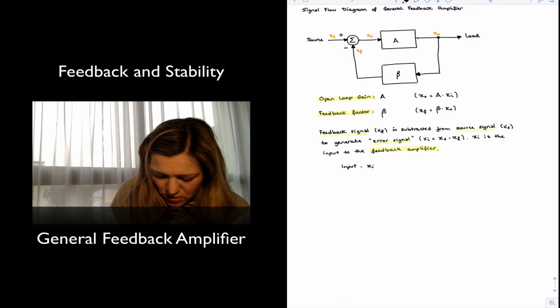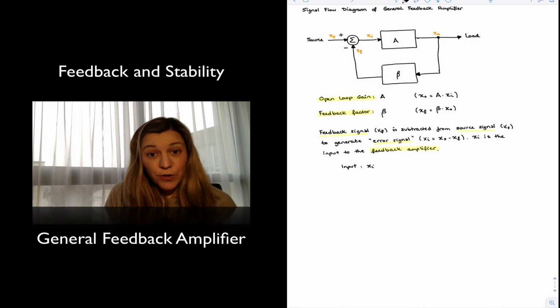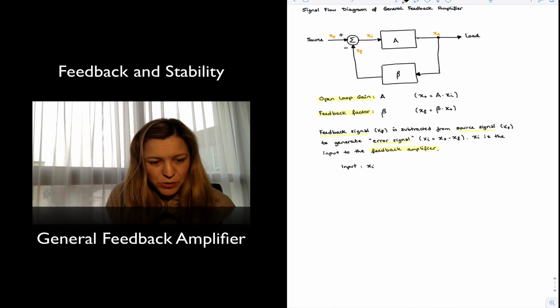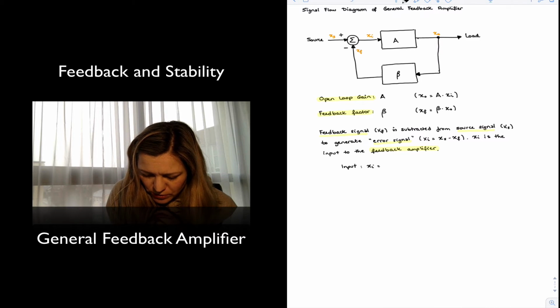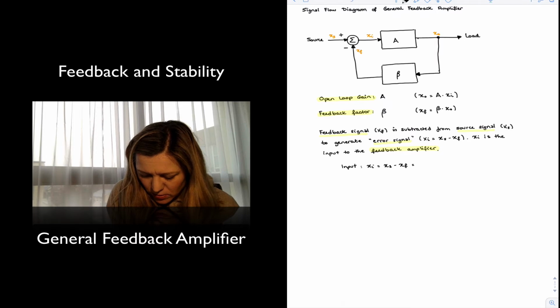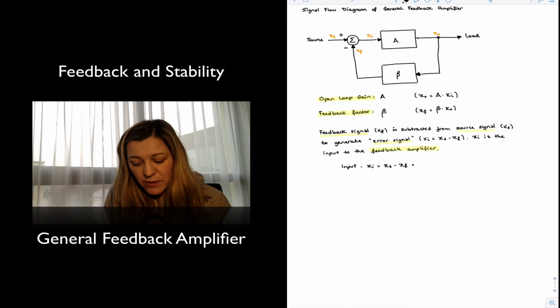Okay. So let's continue. For the closed loop amplifier or the feedback amplifier, the input signal is Xi, which we just saw is equal to Xs minus Xf, source signal minus feedback signal. And we just stated that the feedback signal is equal to the feedback factor times the output signal, beta times Xo.